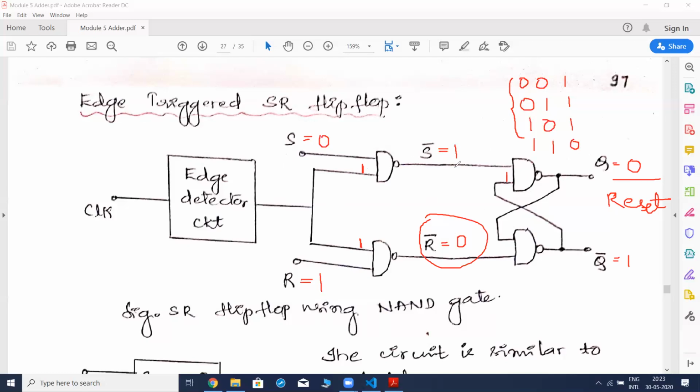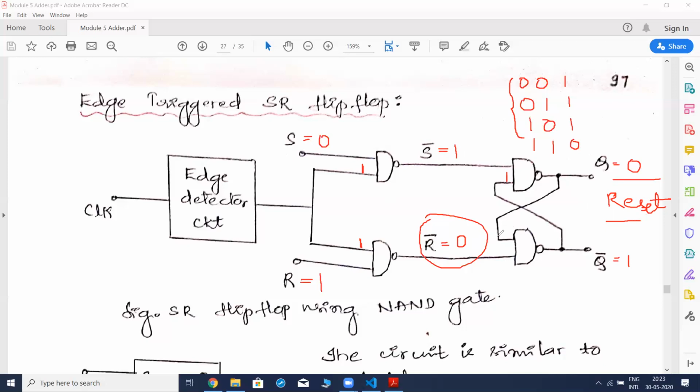Out of these, this is nothing but our S bar R bar latch. According to the truth table of the S bar R bar latch, if R bar is 0, then we are going to get the reset condition. How are we going to get the reset condition? We have to start our analysis from 0.